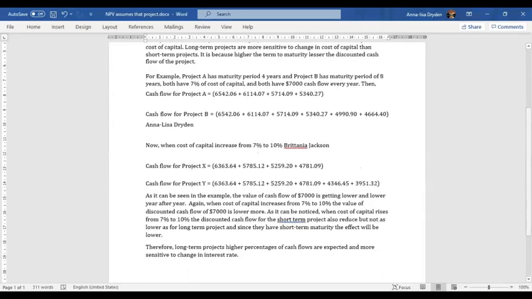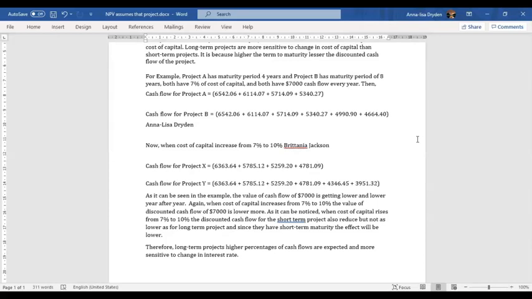Thank you, Annalisa. As you can see, when the cost of capital increases from 7% to 10%, the cash flows for project X change from the above figures to 6,363.64 plus 5,785.12 plus 5,259.20 plus 4,781.09.